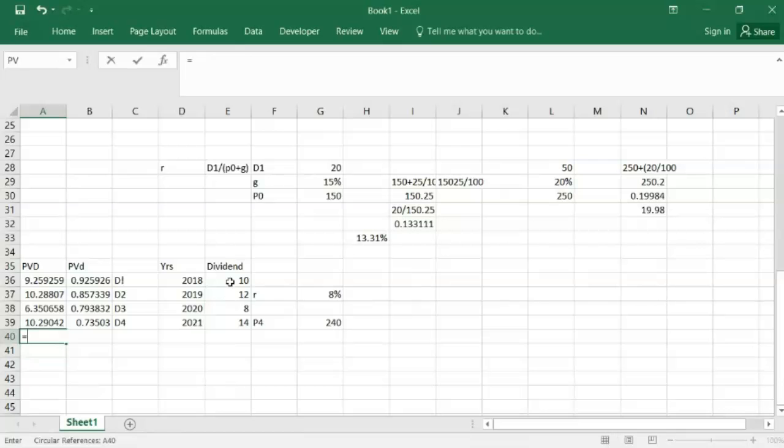It comes to 36.18 rupees, the accumulated value of dividend, which is going to be added to the present value. The value of the dividends realized over the next 4 years, equal to the present, is 36.18 rupees.